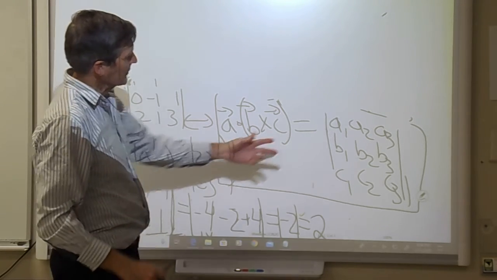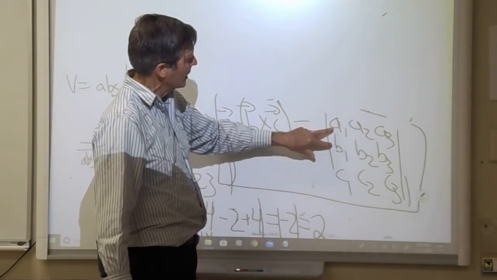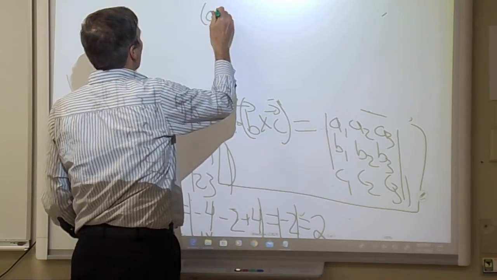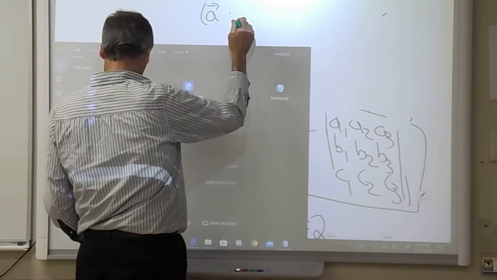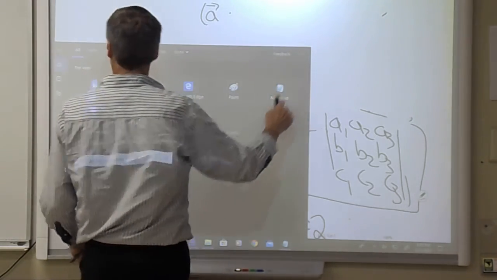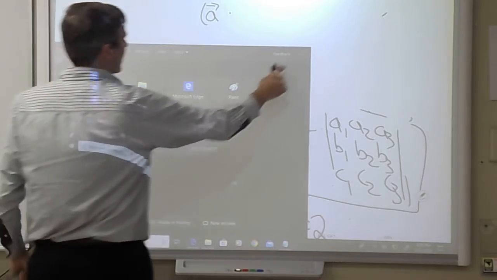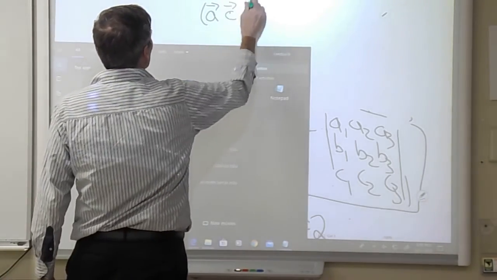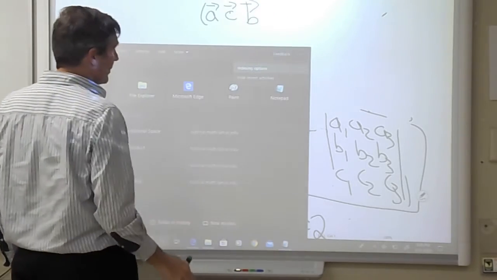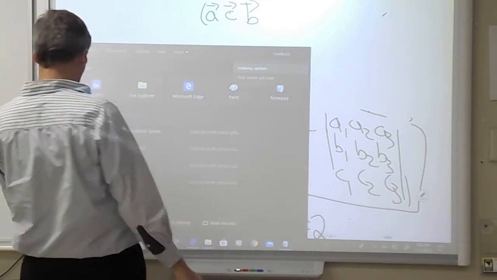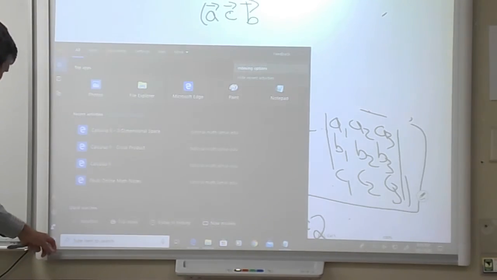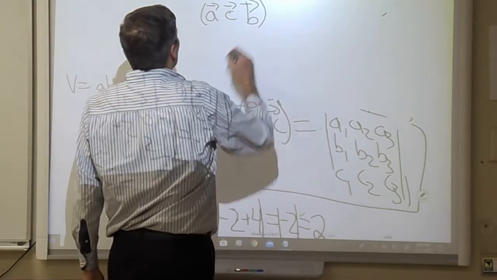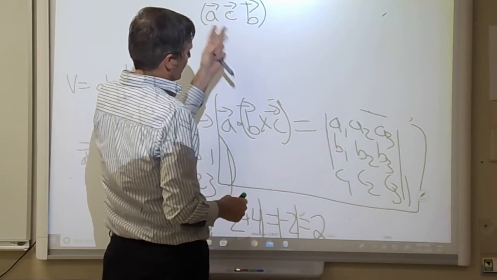However, what happens if you've seen linear algebra before? What happens if you interchange two rows? So instead of A, B, C here, I put A, C, B, interchanging these two. This makes minus the value of the determinant.